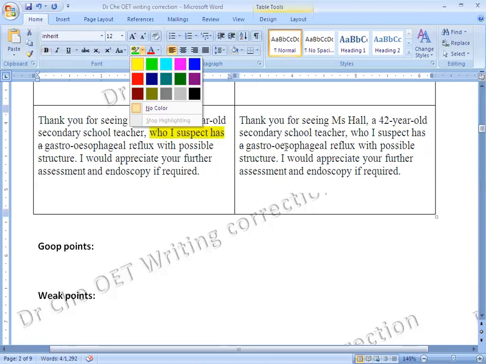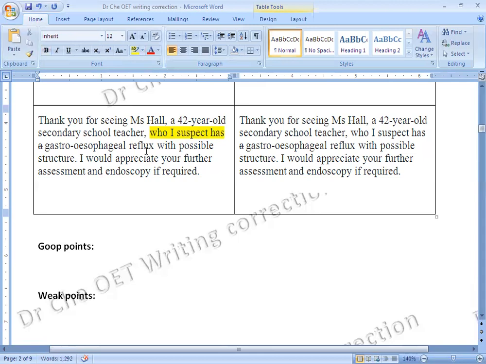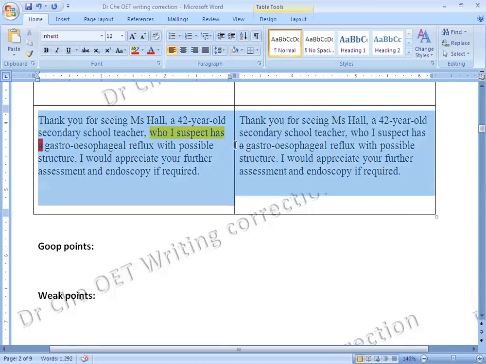I will see, because there was a question mark in the case notes with this gastroesophageal reflux. Here you can see an article with medical diseases. We don't need an article. We should not use an article with medical conditions.